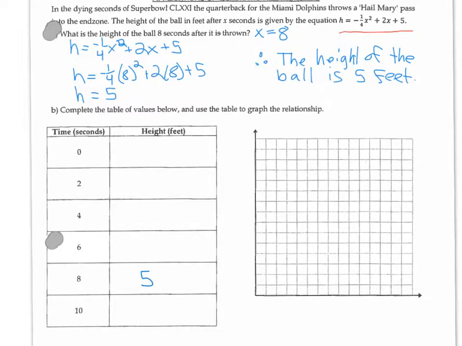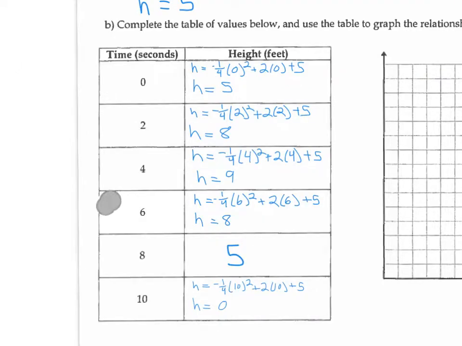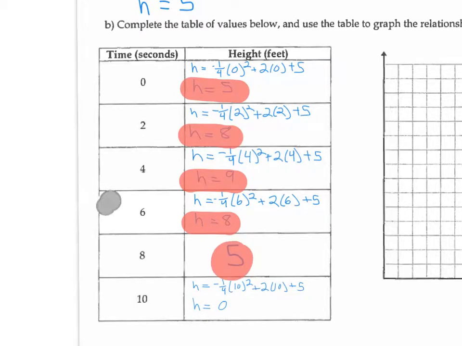So go ahead, pause the video now, and calculate the height values for these times by substitution. If you filled out the table of values correctly, you should see that at 0, height is 5, at 2, height is 8, at 4, height is 9, at 6, height is 8. We already talked about how at 8 is 5, and at 10 it's 0.